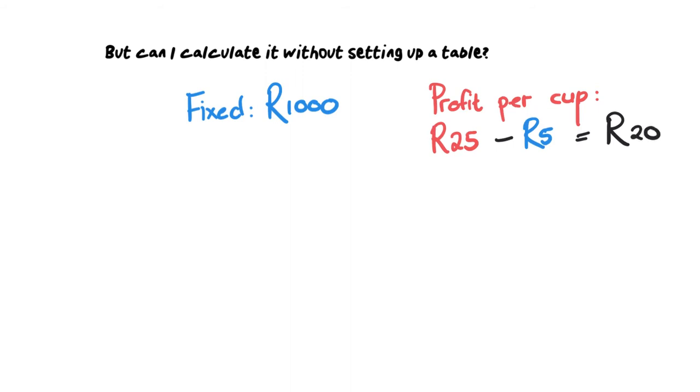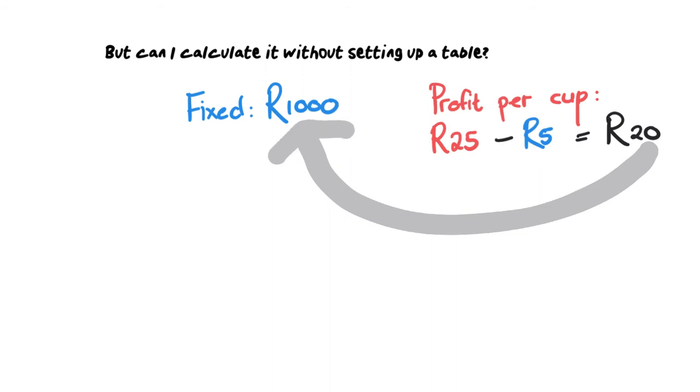The next idea is quite profound, but once you understand this, it will make things so simple. So how many cups of coffee at a profit of 20 Rand each would you need to sell in order to cover the 1,000 Rand? This means that I'm going to take the 1,000 Rand and see how many cups of coffee at a profit of 20 Rand each I need to sell in order to break even.